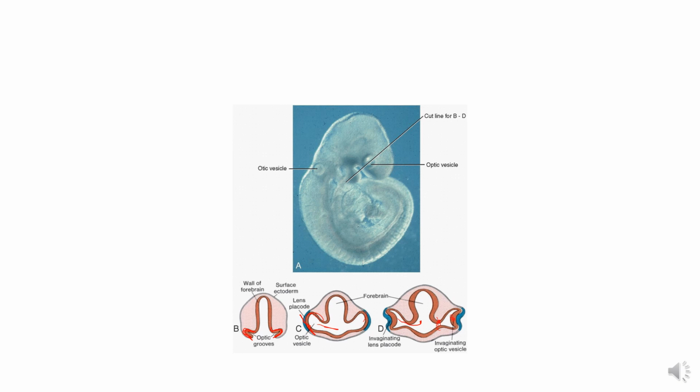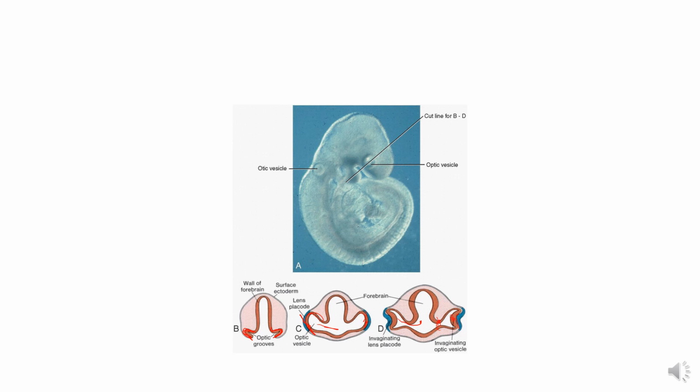The neuroectoderm of the optic vesicle induces the surface ectoderm to become thickened to form the lens placode. So here is the lens placode, the primordium of the lens. It is induced by this neuroectoderm of the optic vesicle.